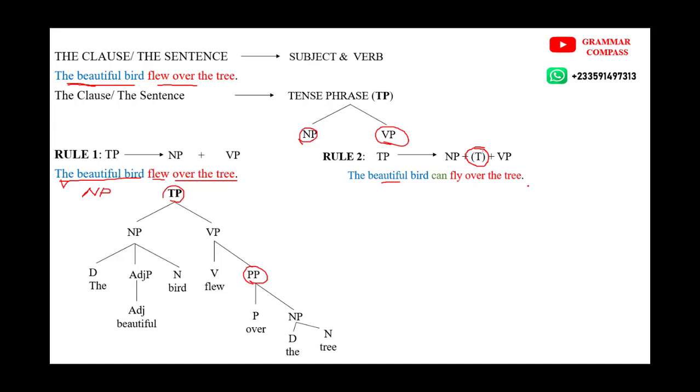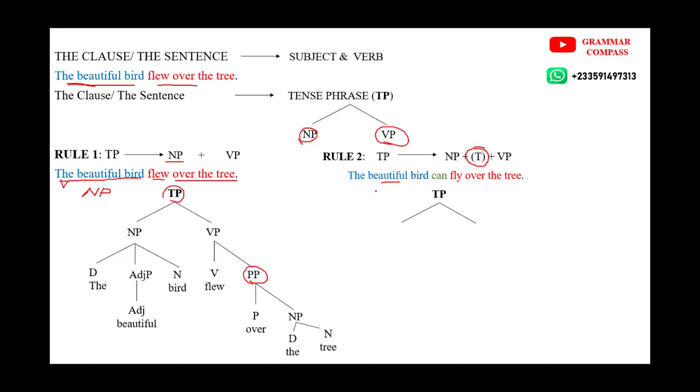Let us draw a tree diagram for this. First of all, the whole of this is a TP. This TP consists of 3 parts. We already know the first rule of TPs. That is, a sentence will always consist of a noun phrase and then a verb phrase.